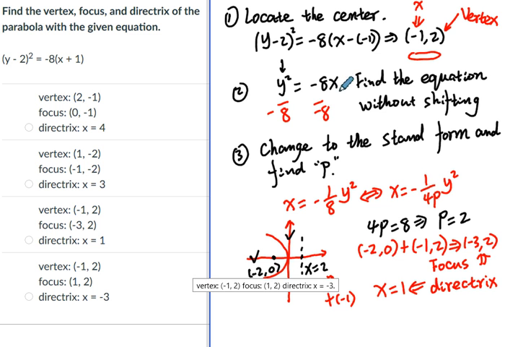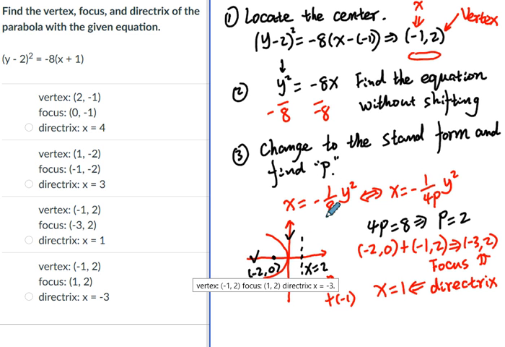In this case, the exponent for x is 1, so x should stand alone on one side. Then divide both sides by negative 8. So you have x equals, the negatives cancel, and then you have y squared times negative 1 over 8. This is the standard form.